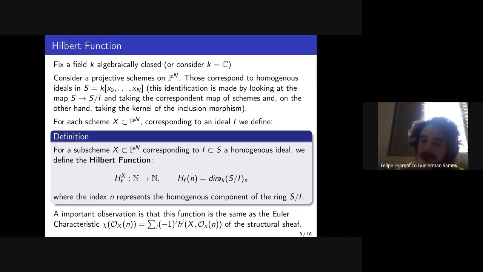So this function will be the same as if we compute the Euler characteristic of the shifted structure sheaf and sum it over all the Euler characteristics. But we will see in the next slides why this is true.